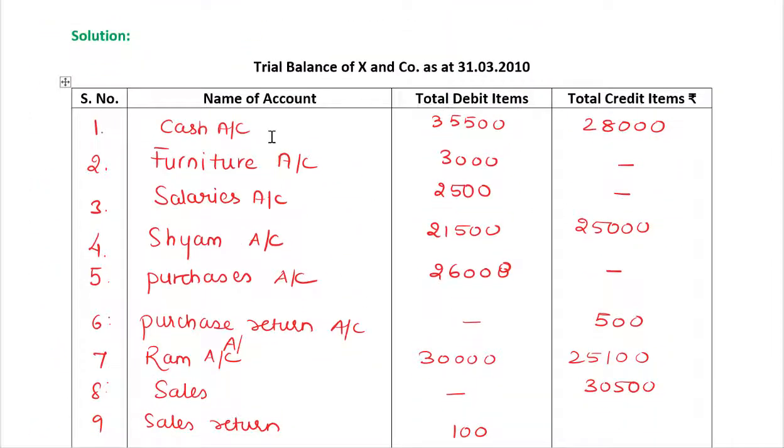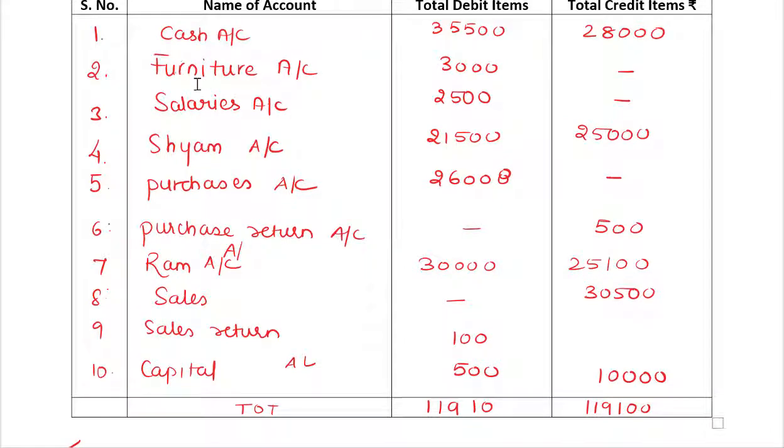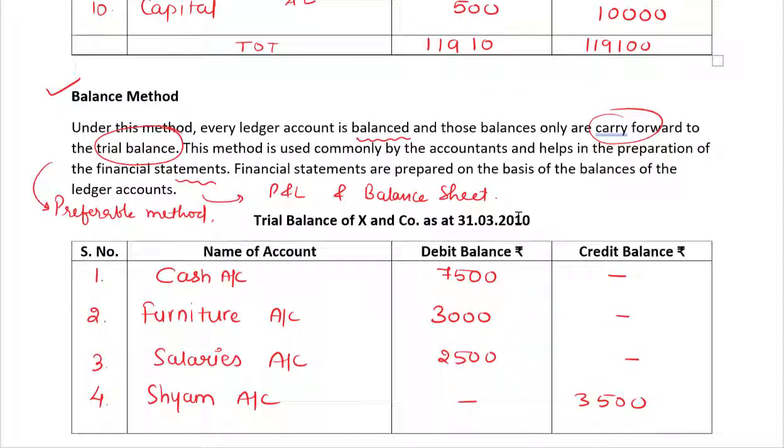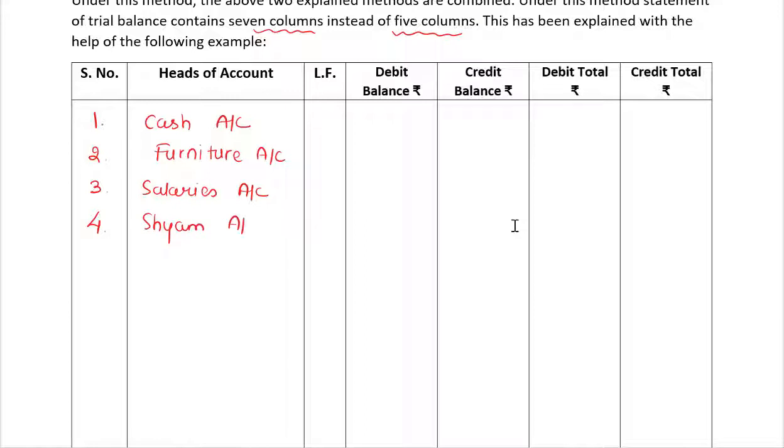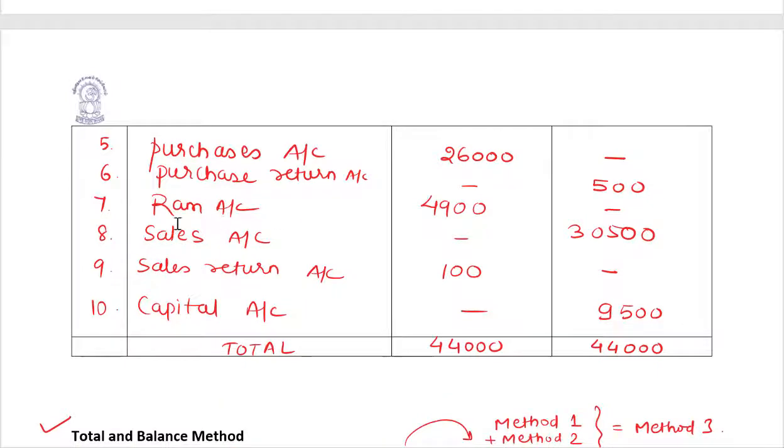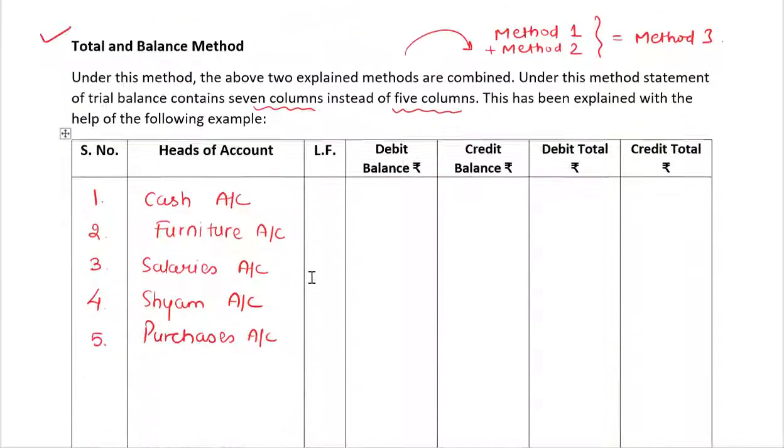First of all, do one thing, just copy these names, that is the ledger accounts: cash, furniture, salary, Shyam, purchases, purchase return, Ram, sales, sales return, and capital.